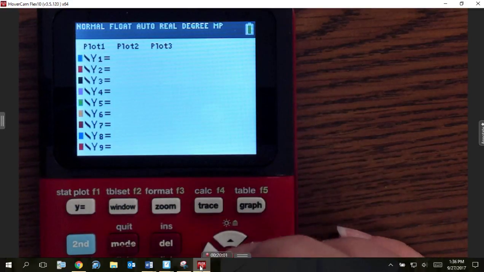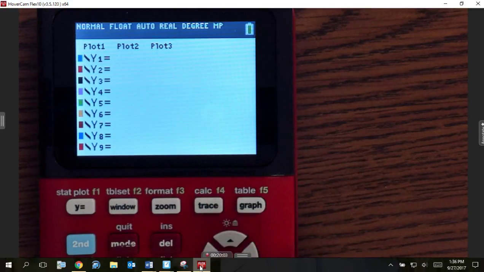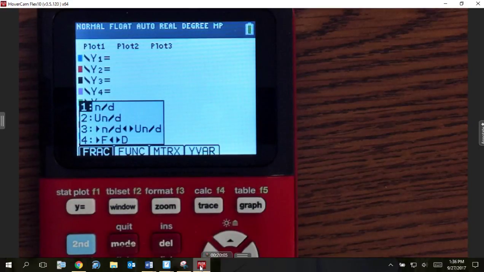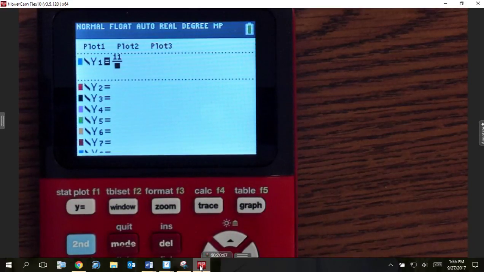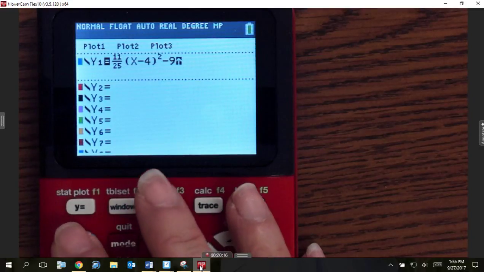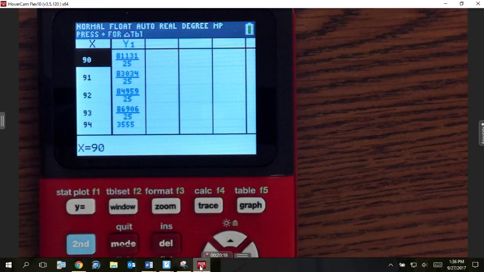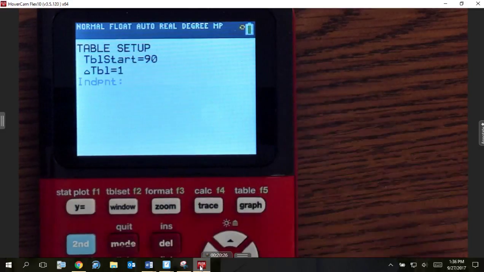And it doesn't matter if you do fractions or with the division sign, as long as you type it in correctly. After you type it in, you go to your table. And I want to find the ordered pairs that were given. So I want to find 4 and -1. So I'm going to definitely change my table.